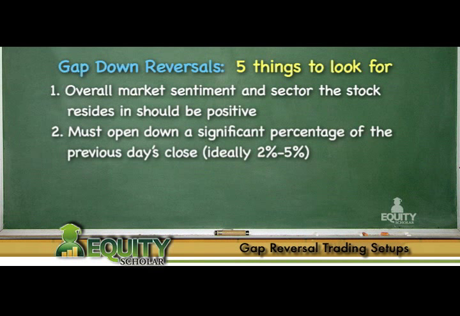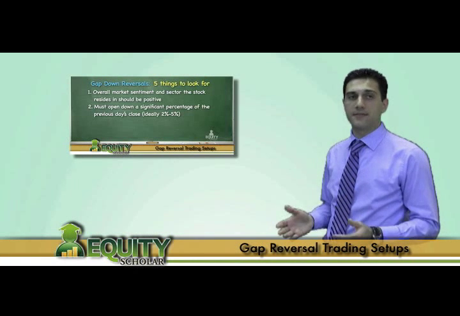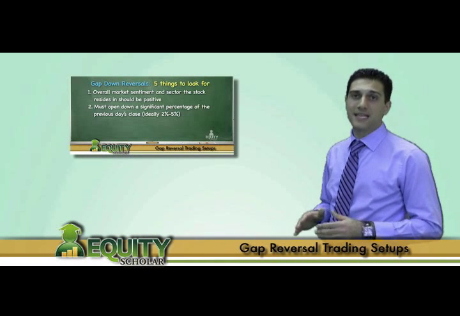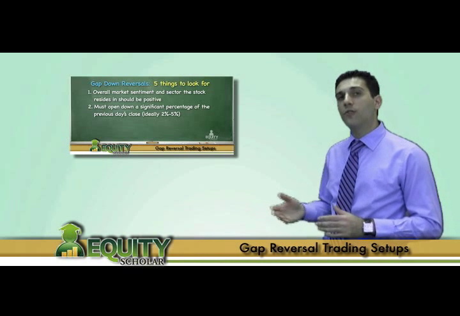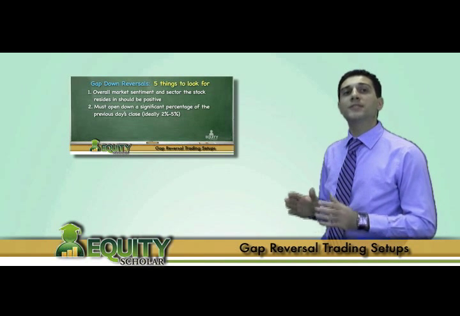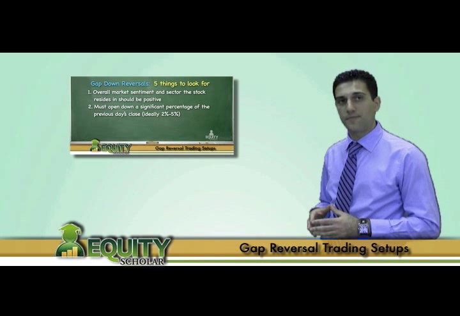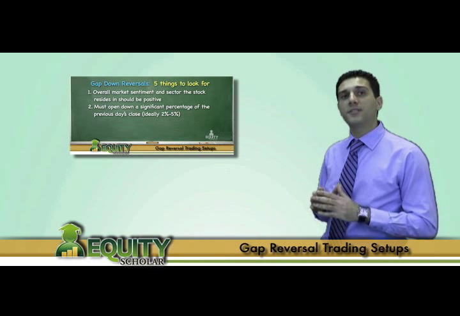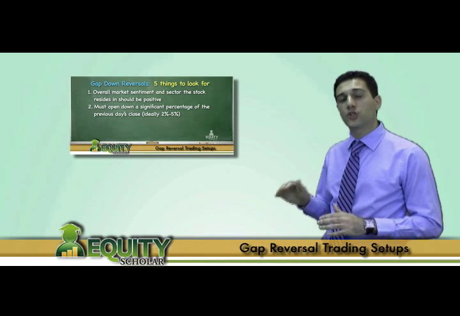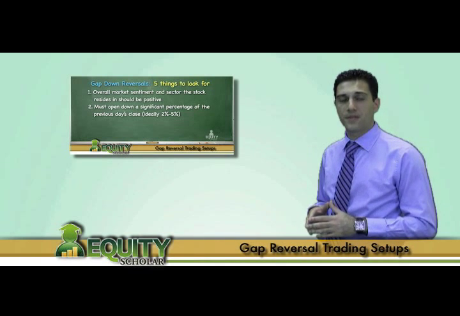Usually, anywhere from 2 to 5% are gap downs that have the best chance of reversing. Stocks that drop more than 5% on the opening print typically have less potential of reversing and are more risky, as there is most likely a good reason for that stock to be down so far. And thus, there must be a significant force driving that stock lower.